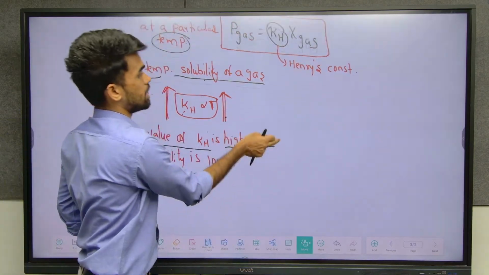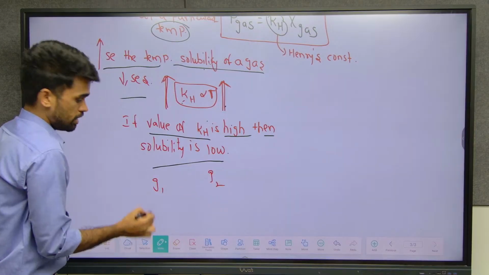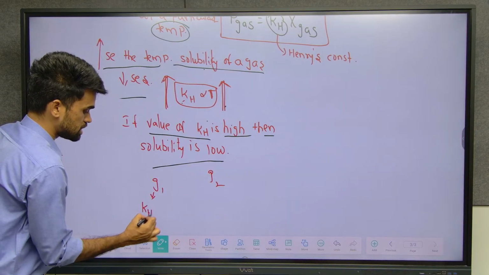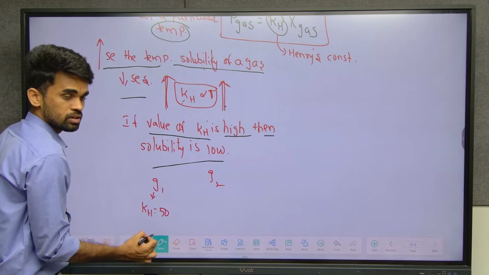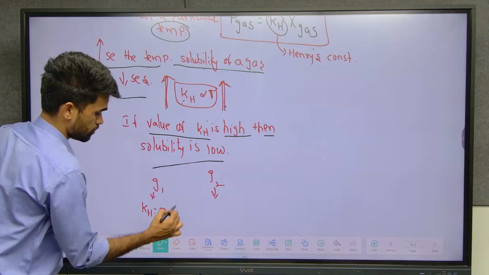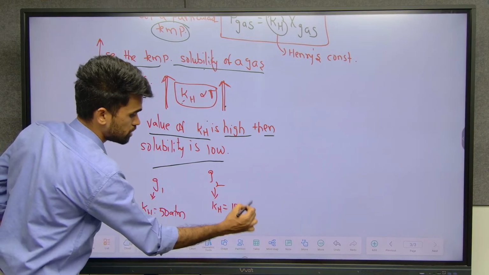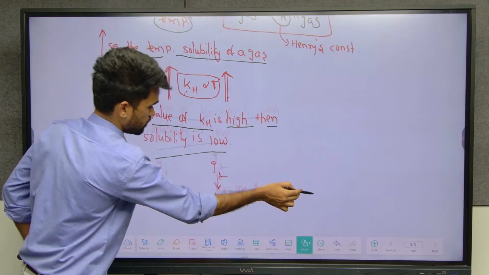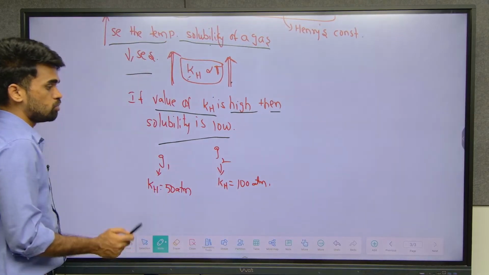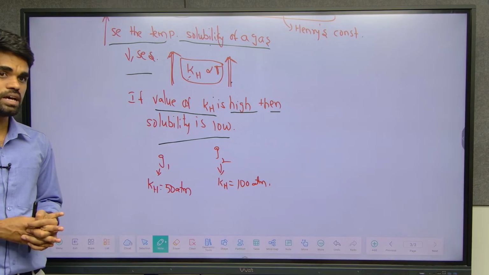So I have two gases, gas 1 and gas 2. Let us say the KH value for gas 1 is 50 atm, and for gas 2, KH equals 100 atm. Tell me, which gas has more solubility, gas 1 or gas 2?